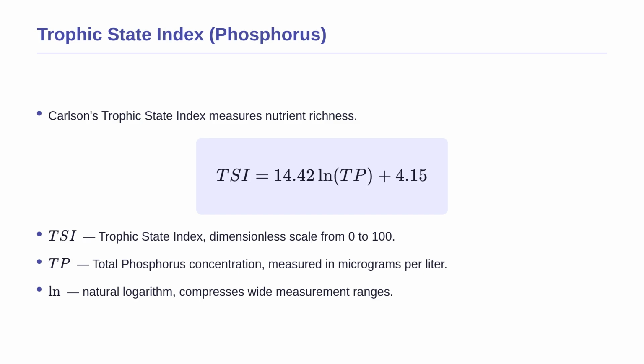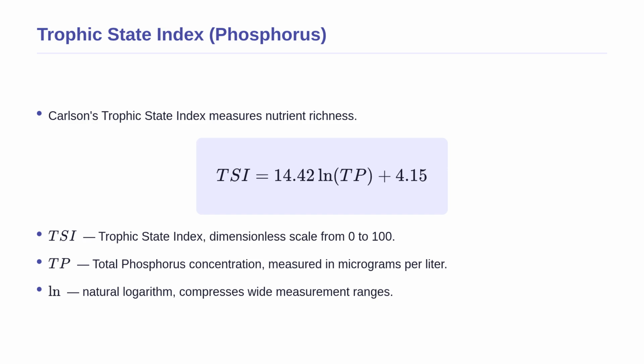To manage this pollution, we need a way to measure it, which brings us to our first mathematical tool. Scientists use Carlson's trophic state index to assign a numerical value to water quality. Since phosphorus is usually the primary nutrient triggering algal growth, we calculate the index using total phosphorus. The formula is TSI equals 14.42 times the natural log of TP plus 4.15.